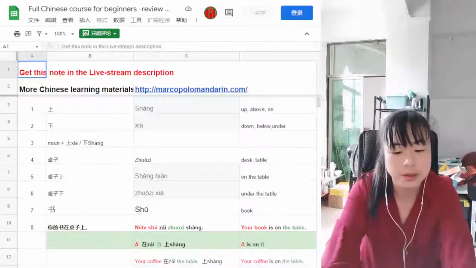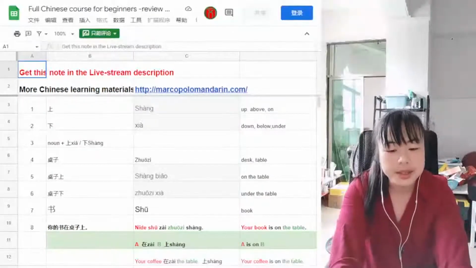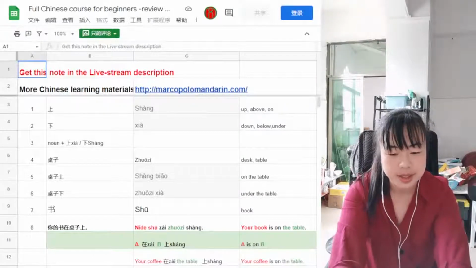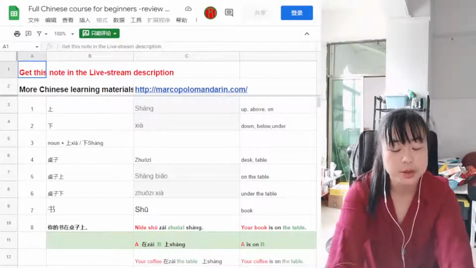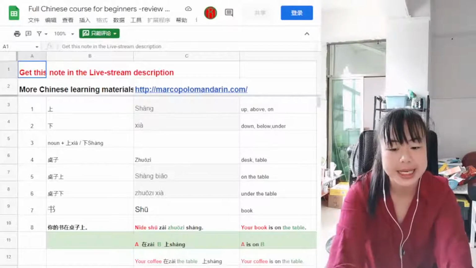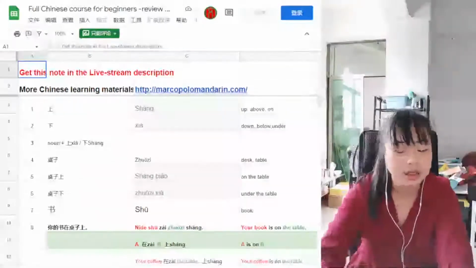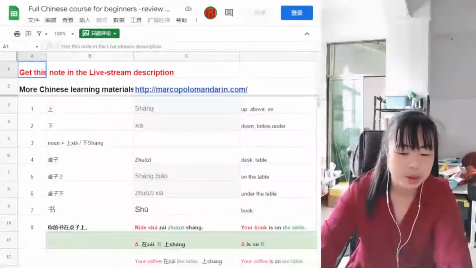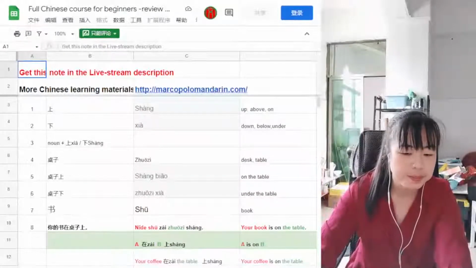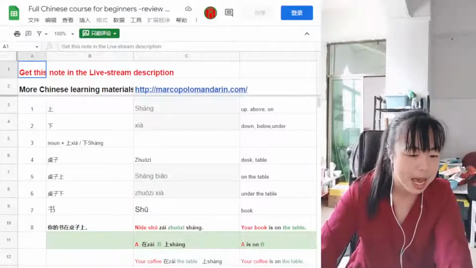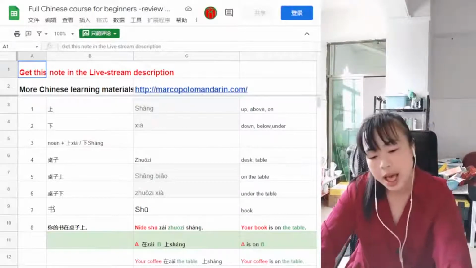Okay, so now let's practice this sentence. How do you say your? 你的, your cup is on. Okay, just now we mentioned a lot of the books. How about we change another one? Book.